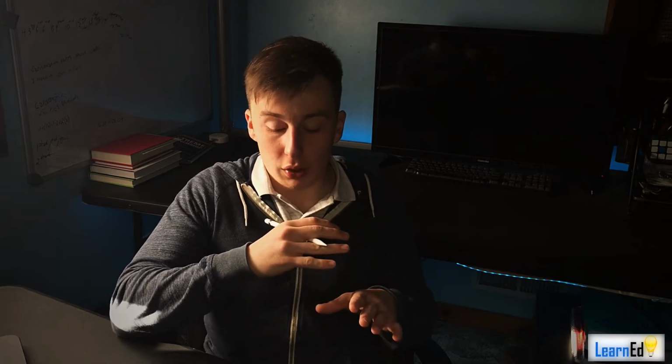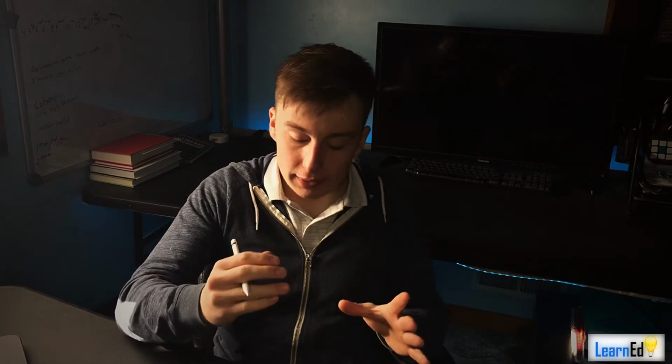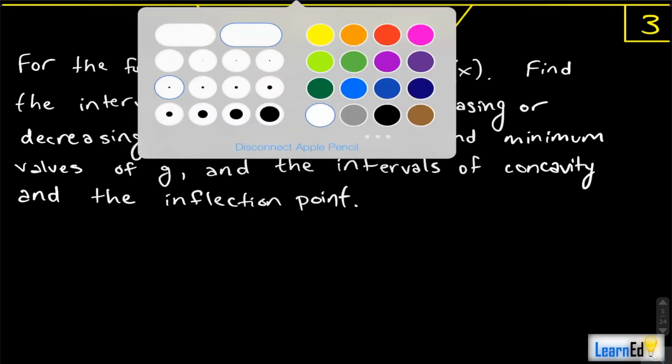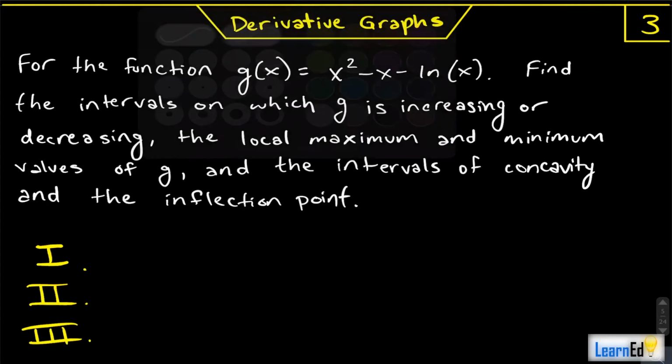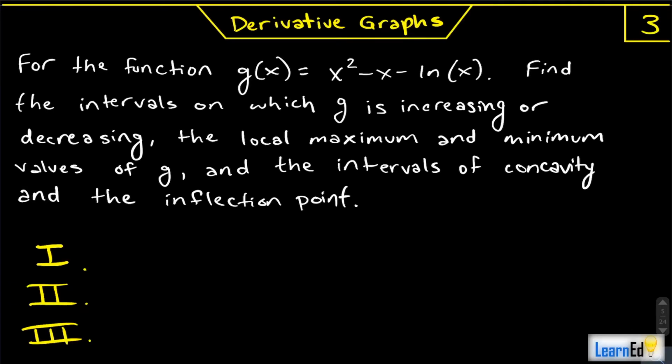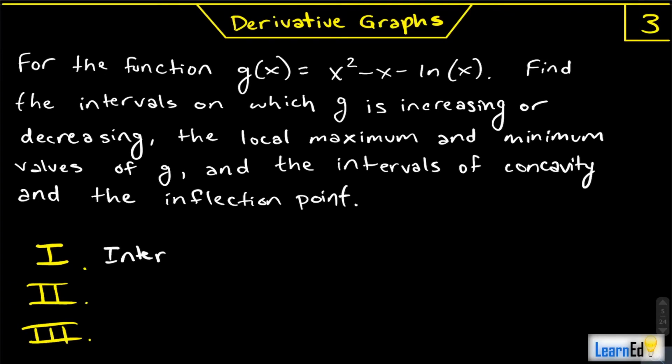So what I'm going to do is group up this information. They're asking for 3 things. I'll label this 1, 2, and 3. They're asking for intervals of increase and decrease. They're asking for the local max and min values.